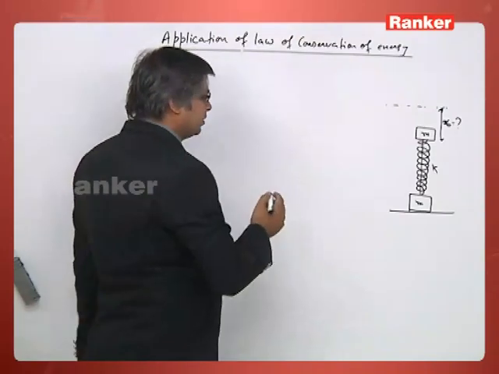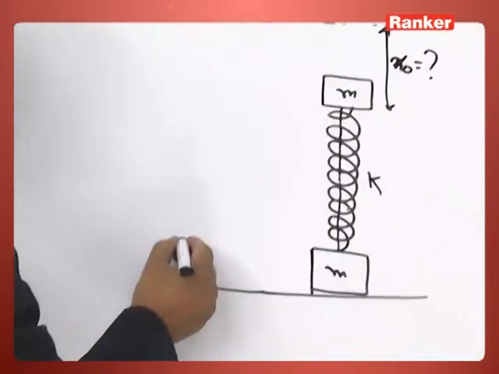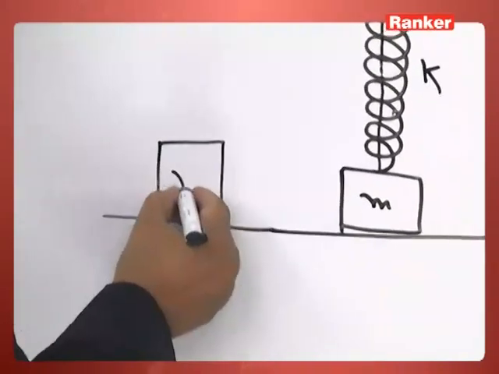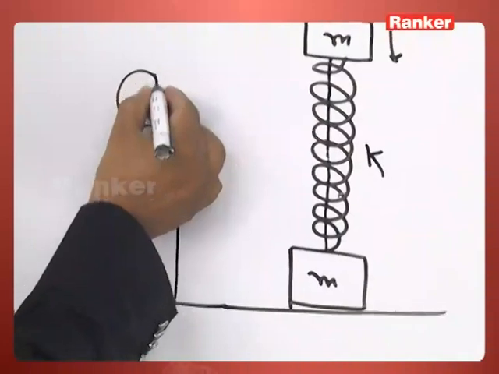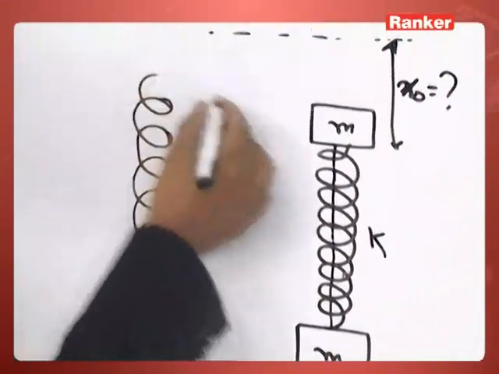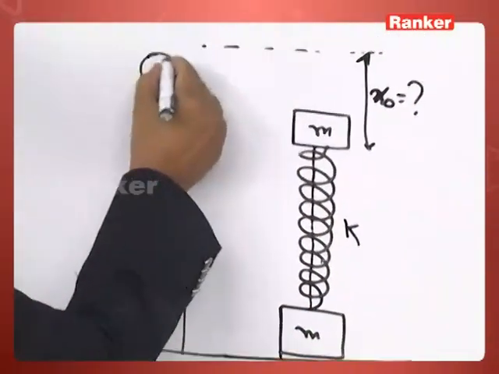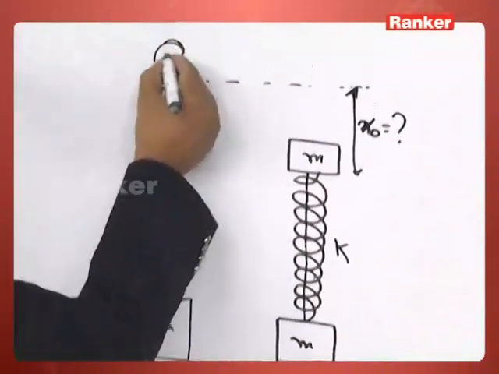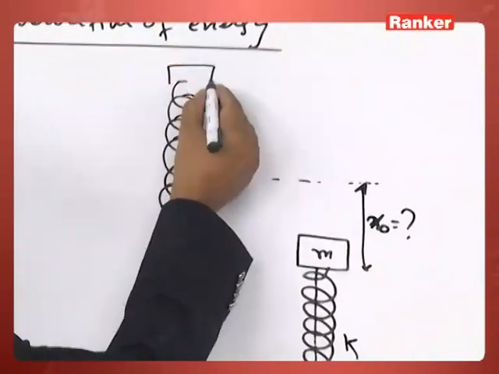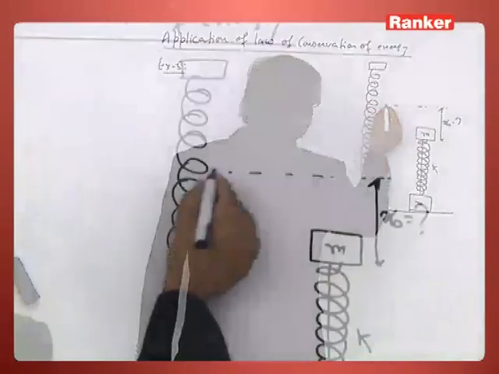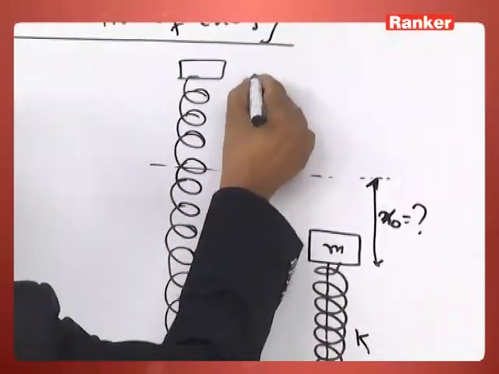So that when it goes on, you see here, this is the new situation. The spring is elongated, and because it was compressed, the first mass will move up and it goes up to this position.